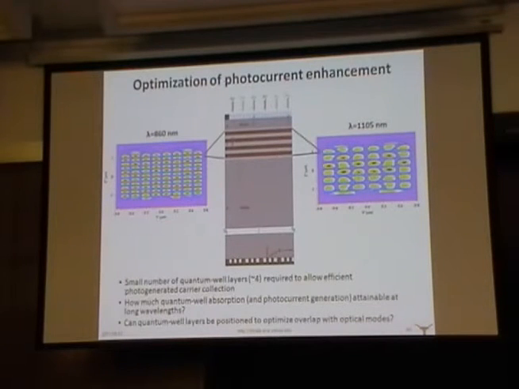So it might end up that just by bad luck you put your quantum wells at a node of the particular mode, or of some of the modes that you're trying to couple into, and then it probably doesn't help you at all, and may even be detrimental. So you have to think about how you position the multiple quantum well layer such that it has maximal overlap with all the modes that you're coupling into, and how that couples into the overall design of the device. So there are a lot of things that you really have to think about together.